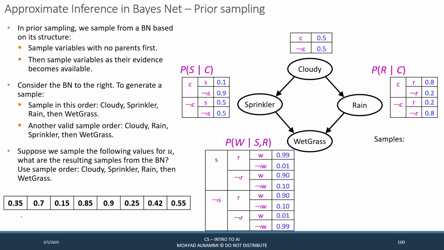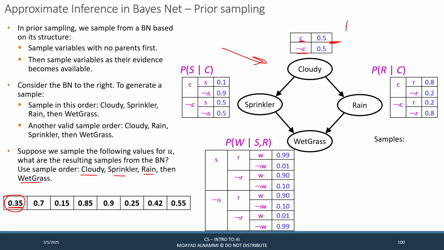How do I sample from this network? Very simply, sample random numbers and then sample from the network based on the order of the Bayesian network. Imagine I sampled 0.35, and I'm going to use the order cloudy, sprinkler, rain, and then wet grass. Remember we broke down these two settings for cloudy: this is when cloudy is true, and this is when cloudy is false.